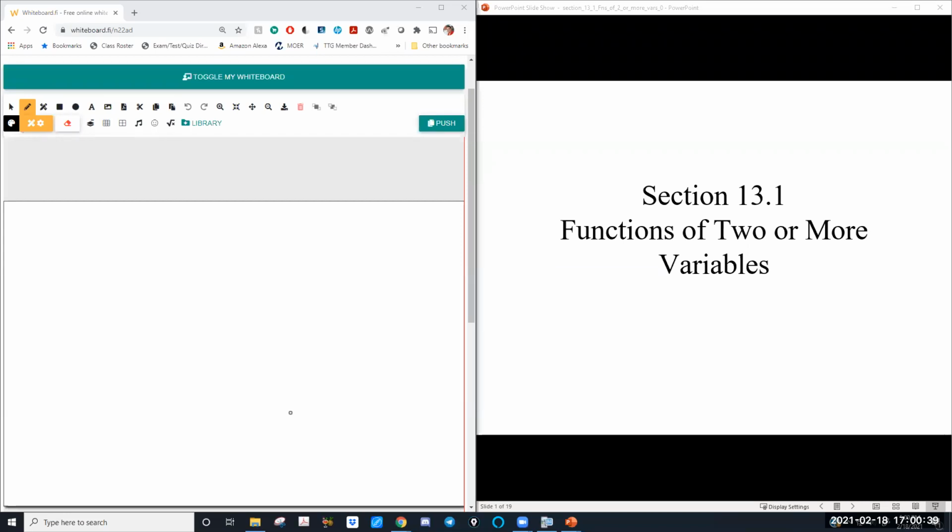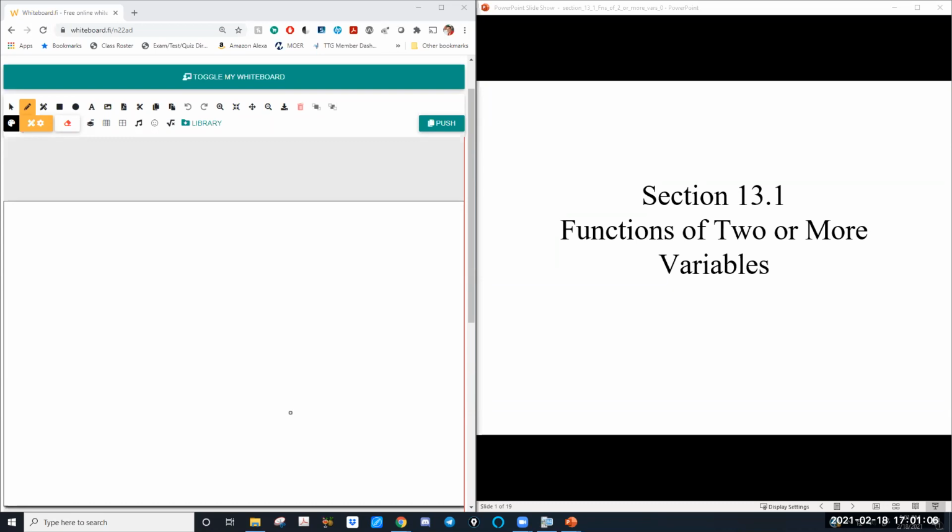All right, let's talk about where we're at, where we're heading, and then we'll get into it. So we're starting module 3 today, and now we're really going to start to get into the meat of Calculus 3. We're going to start off today talking about functions of 2 or more variables, because that's what we're going to be doing calculus on starting next week.